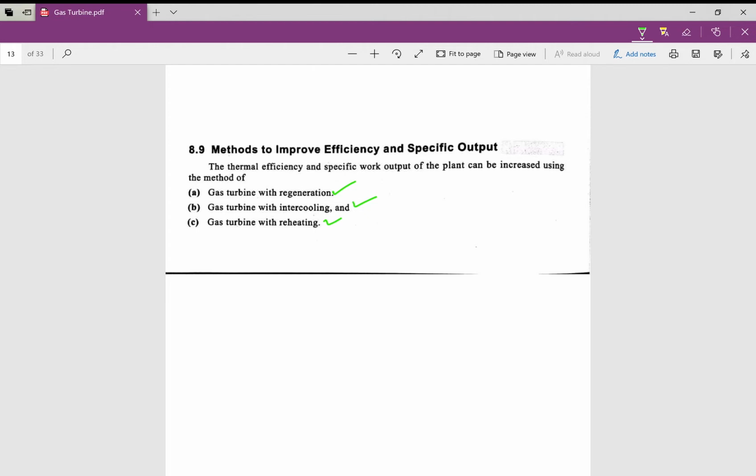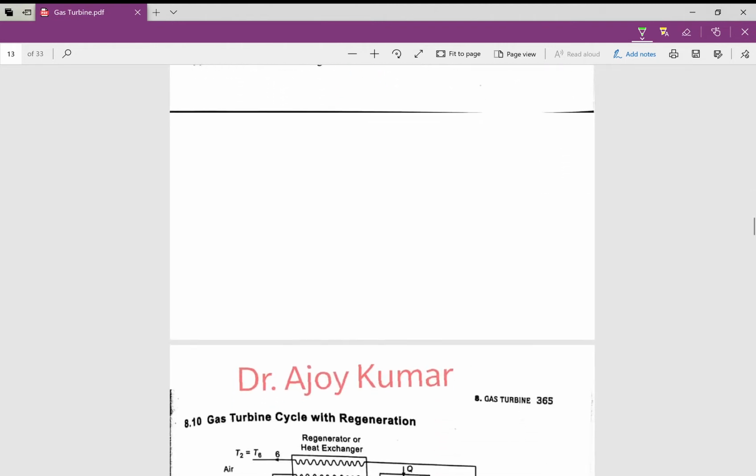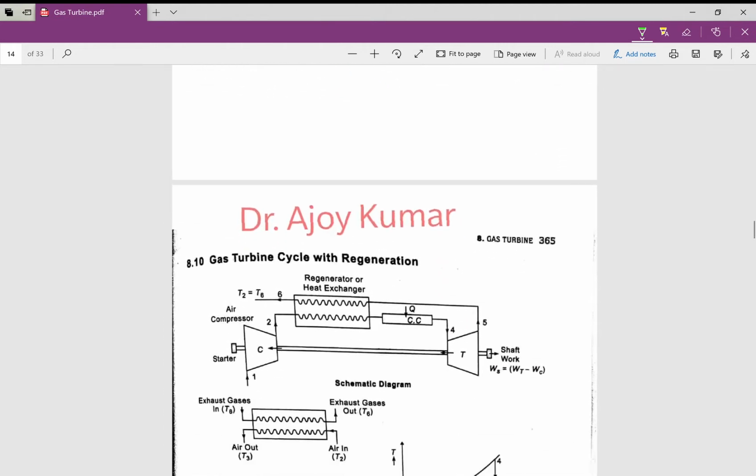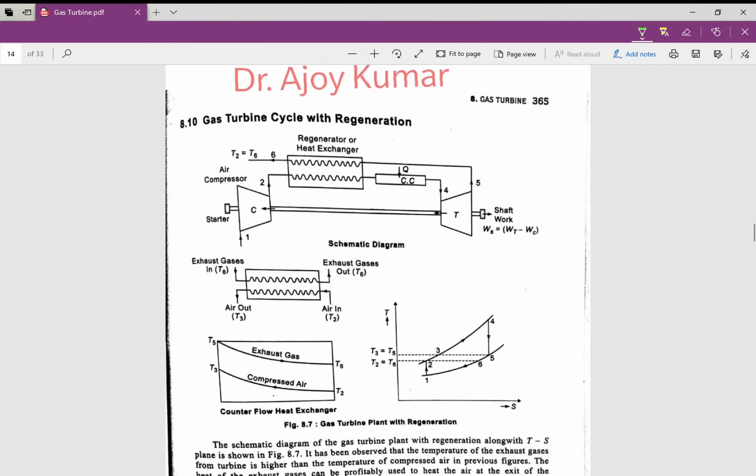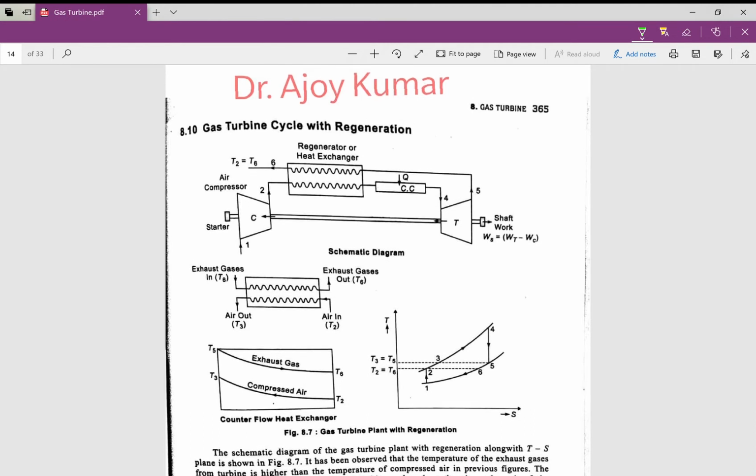Dear students, we know already that for a simple Brayton cycle, efficiency is limited to 30%, and hence an improvement is required for this gas power cycle. So let us start with the first, gas turbine cycle with regeneration.